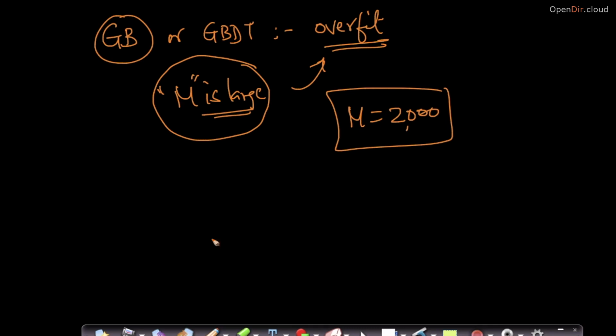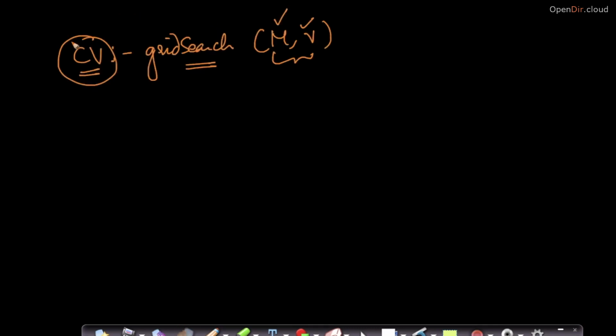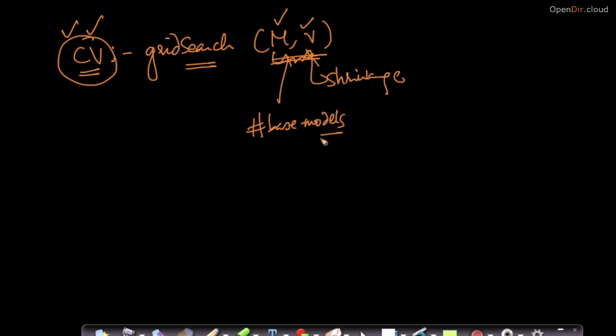So be careful. Always, in any model, not just in gradient boosting, use cross-validation to get your hyperparameters right. Here we have two hyperparameters, the shrinkage and the number of base models. So that's how you control the urge to overfit.